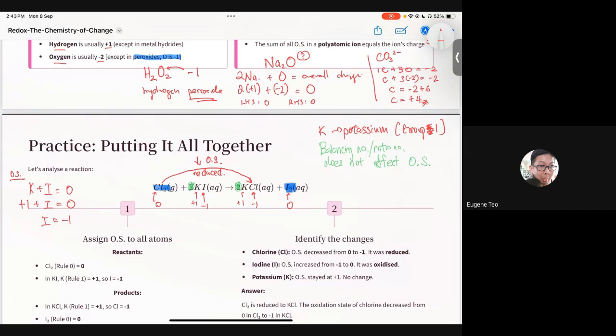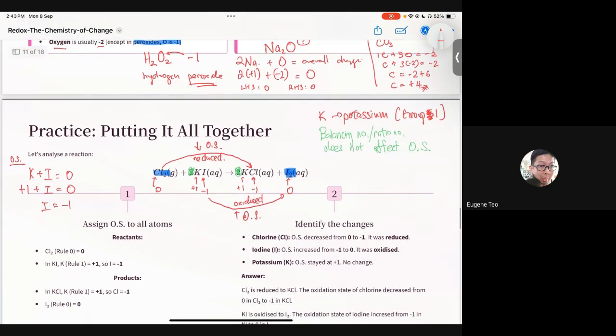Next, K. K is +1, after that becomes +1. Before and after the same, so no change in oxidation state. So don't need to talk about it. Last one, I. From -1 became a 0. So -1 to 0, this is increase in oxidation state. So this is oxidized.